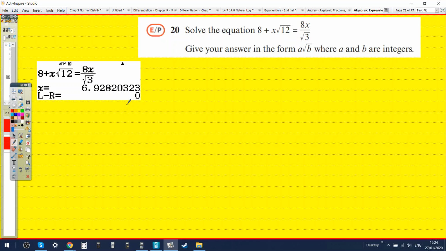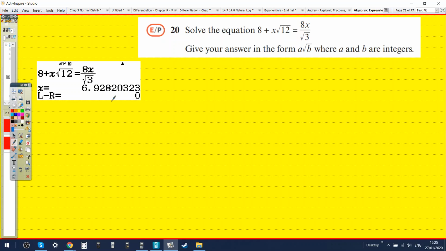So do I need to now take the 3 to the power of a half to the other side and expand the brackets? Put into your calculator root 12. 2 root 3. I had a hunch about that.